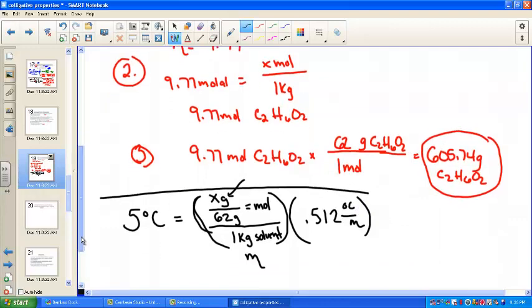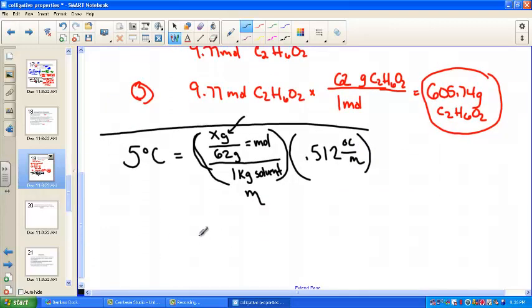But this way I only have one setup, and for my mind it seems to work better. Just thinking algebra, 5 times 1 times 62 is equal to 0.512x. X and 0.512 stay on the right, 1 slides over, 62 slides over.